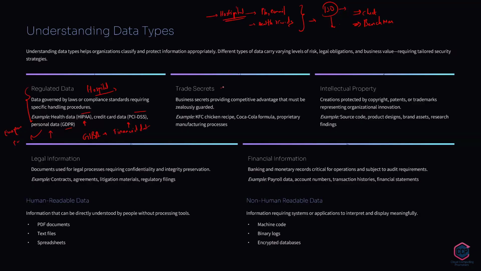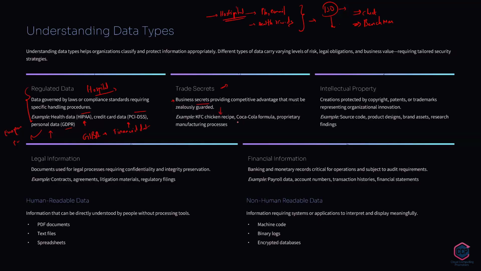Okay. Trade secrets, in the sense that if there is any secret formula for any organization, it should be prevented and secured. So we can have an example here. The concept is business secrets providing competitive advantages that must be guarded.